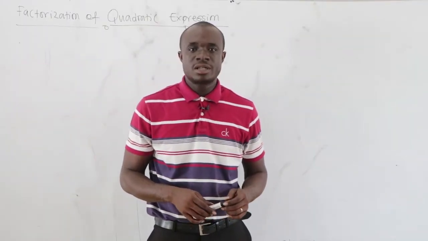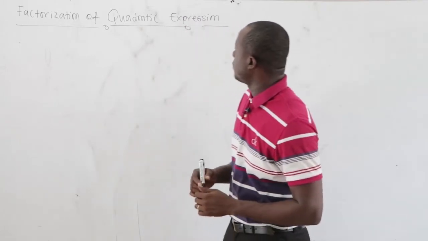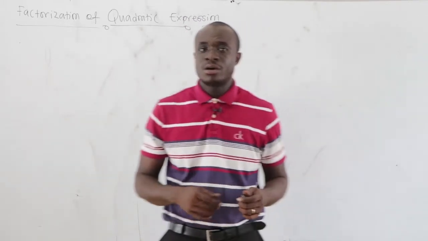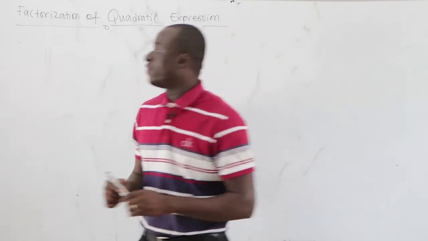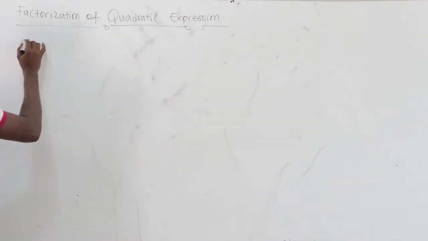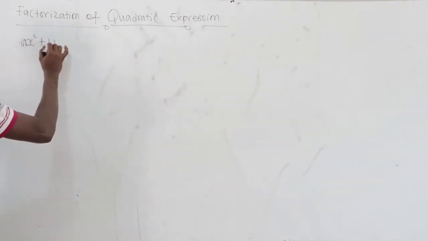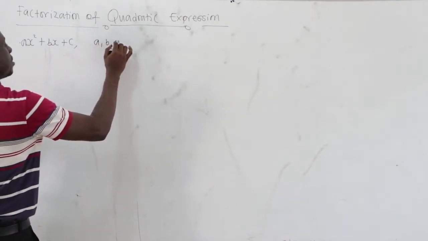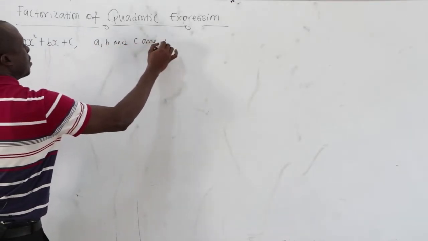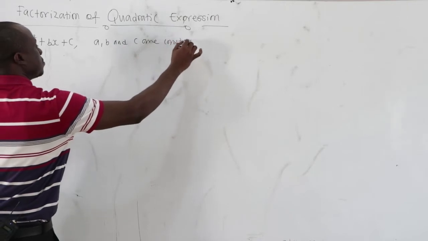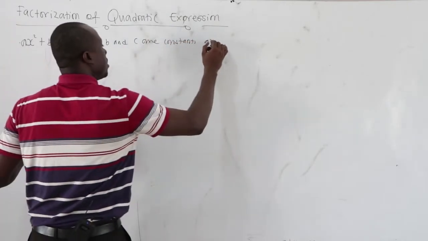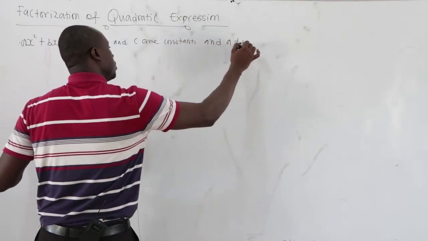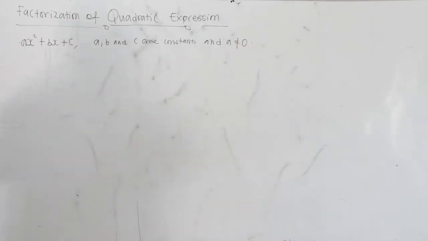Now I'd like to consider factorization of quadratic expressions. A quadratic expression is of the form ax squared plus bx plus c, where a, b, and c are constants, and a should not be equal to 0.